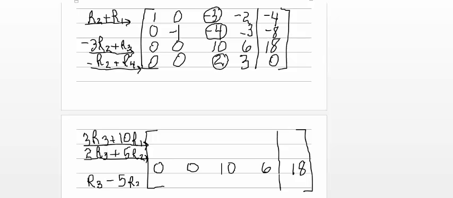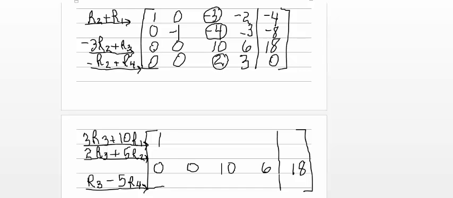And then row 3 minus 5 times row 4 will give me my new row 4.